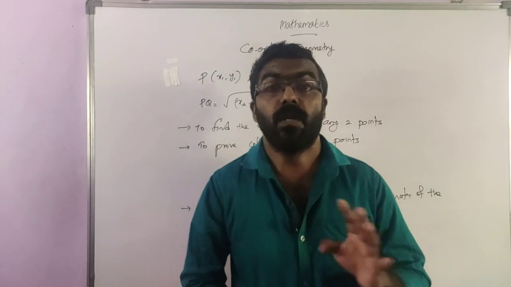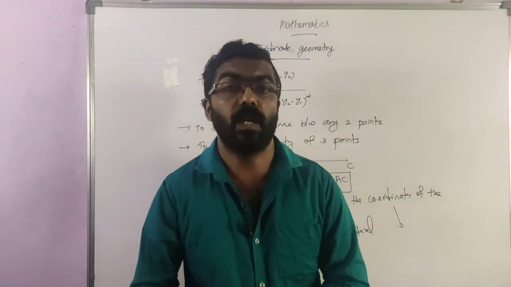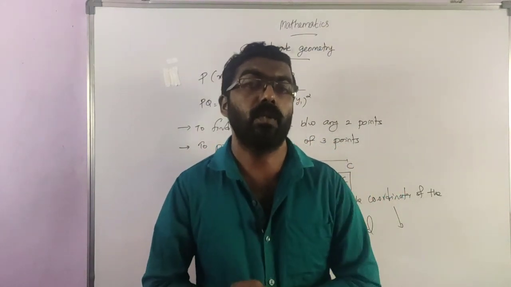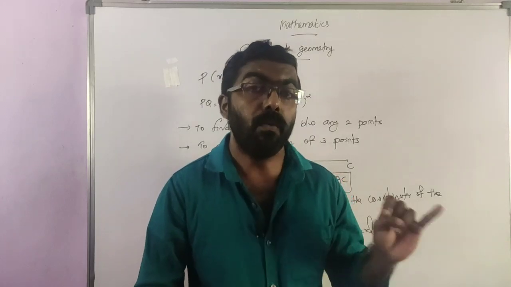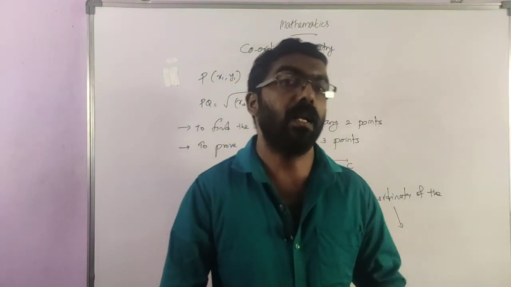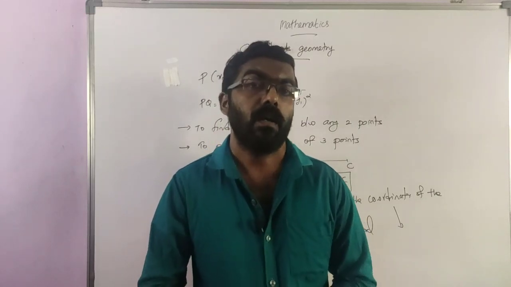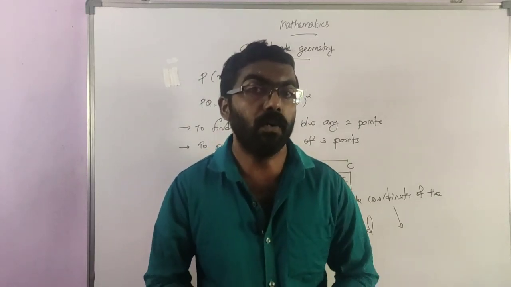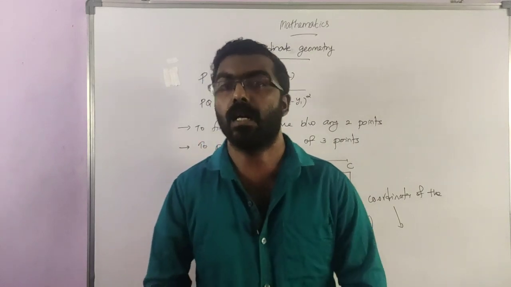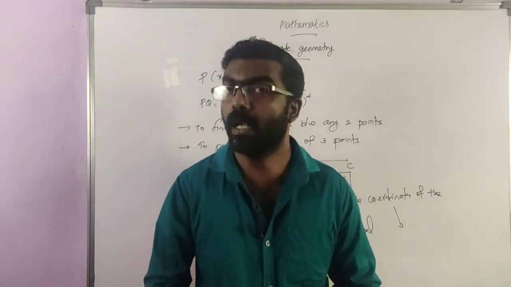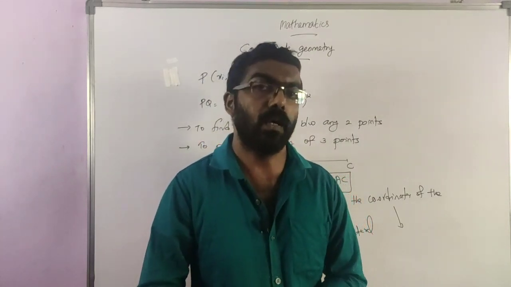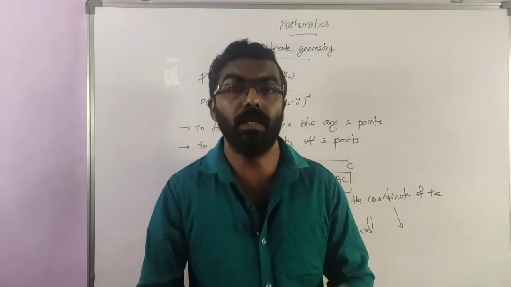And 4 different types of quadrilaterals you have to keep in mind. One is parallelogram. So in a parallelogram, opposite sides are equal and diagonals are unequal. And in a rectangle, opposite sides are equal, diagonals are also equal. And the third one is rhombus.